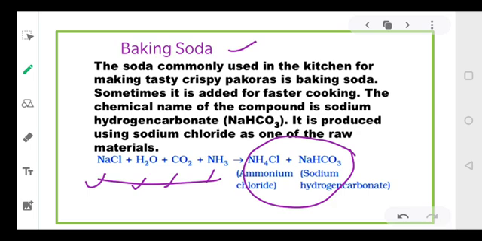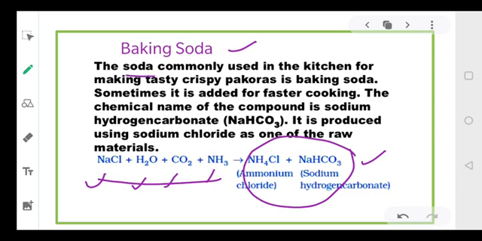Initially there are 2 salts produced, but we'll focus our study on NaHCO3. It is a very, very important salt, dear students, from the board point of view also, and generally we have a question from this part itself.